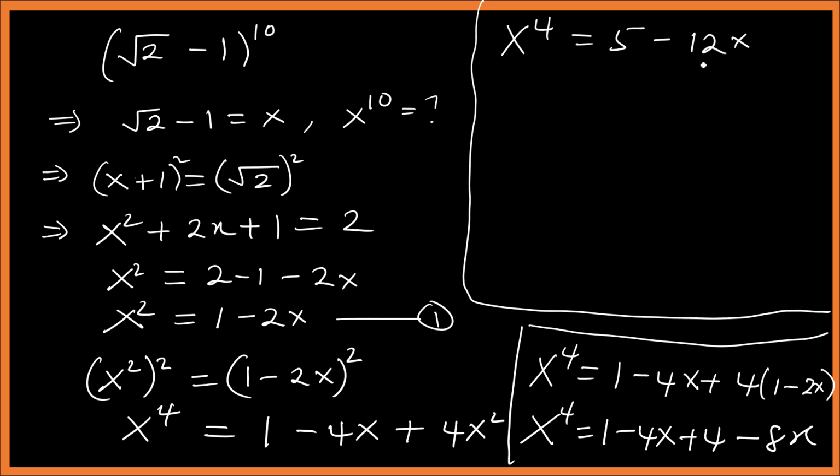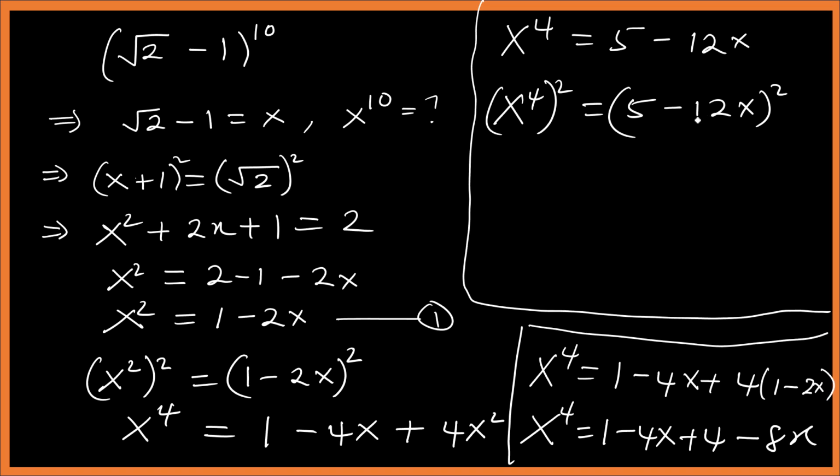So we have x to the power 4 here, and we have x squared. Now when we multiply, it will give us x to the power 6, but this side is x to the power 10. So let's go again. So x to the power 4, let's square it again: (5 minus 12x) all squared.